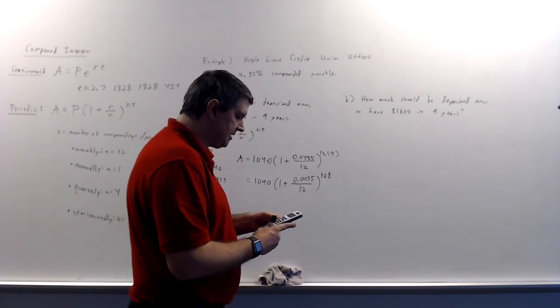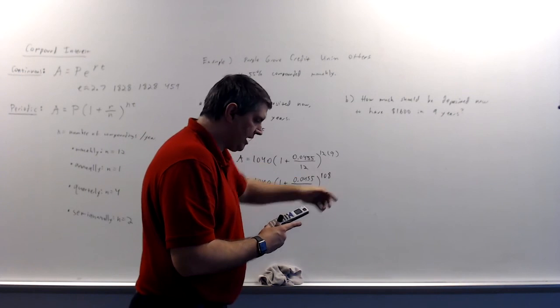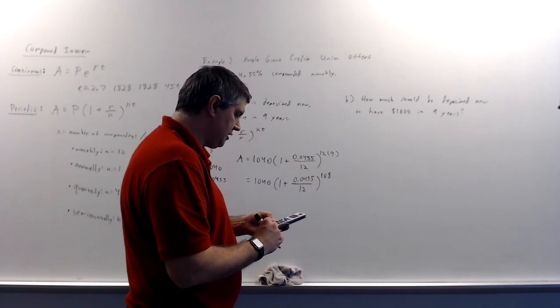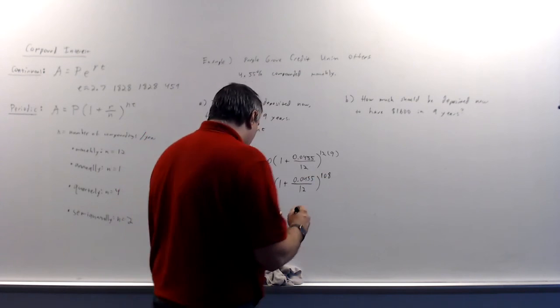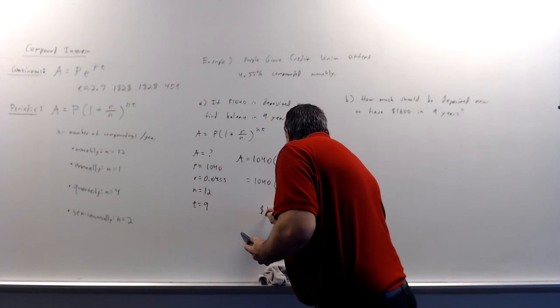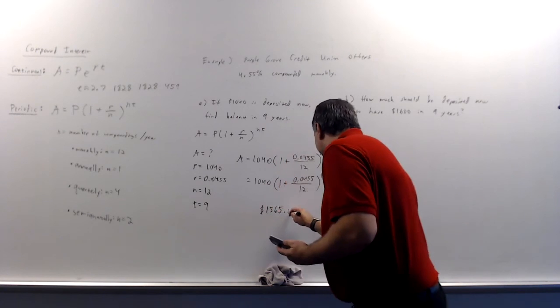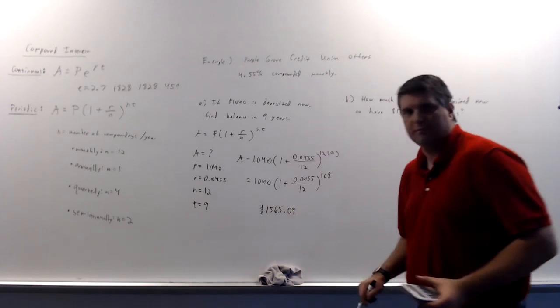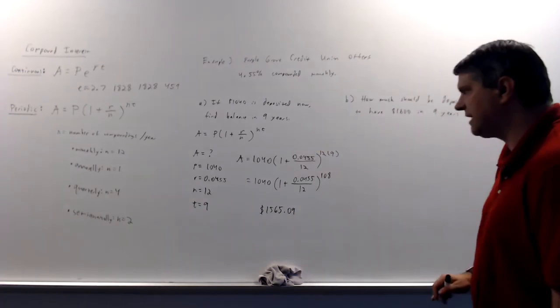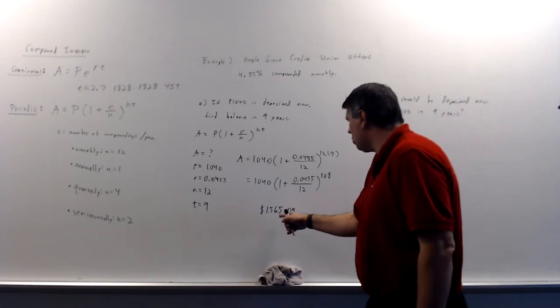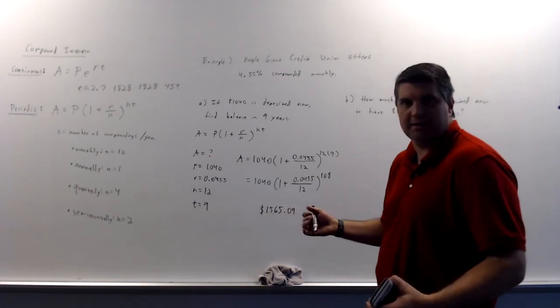Balance the parenthesis, and then the generic exponent button, 108. So to the nearest cent I got $1,565.09. Unless given reason to assume otherwise, you will round to 2 decimal places, to the nearest cent.